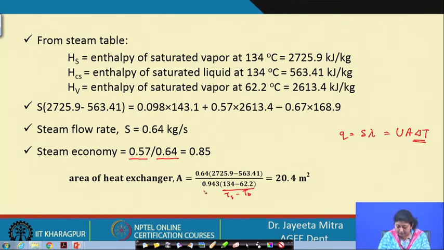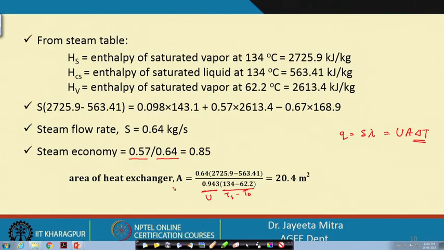This is the value of U, A we are calculating, and here the mass flow rate of steam is 0.64 kg per second, and this is the value of Hs minus Hcs. So, we are getting the area as 20.4 meter square.